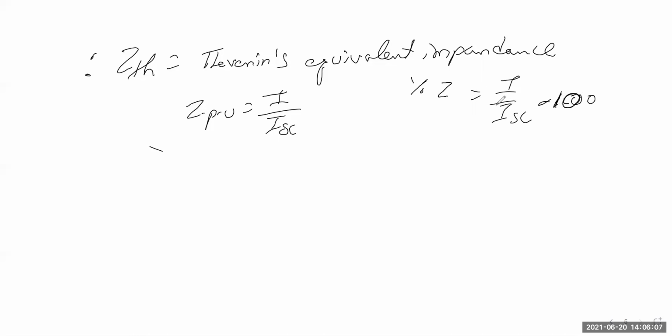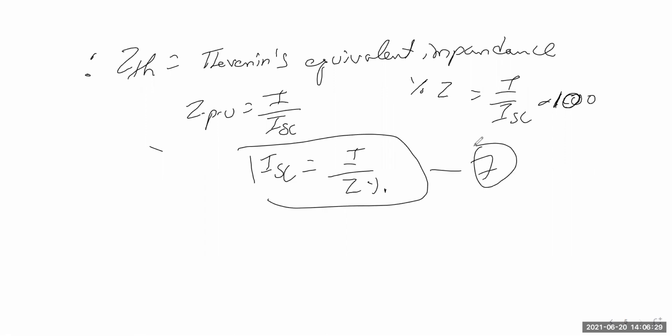We could write this. So ISC could be written as I by Z percentage, and this is your equation number 7.